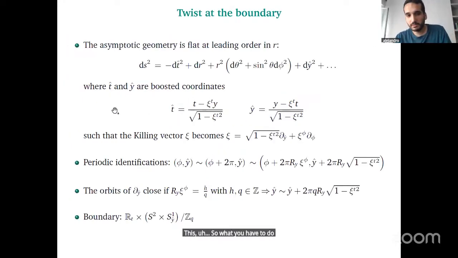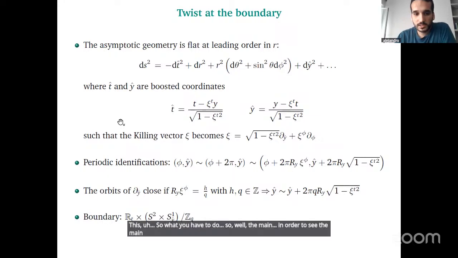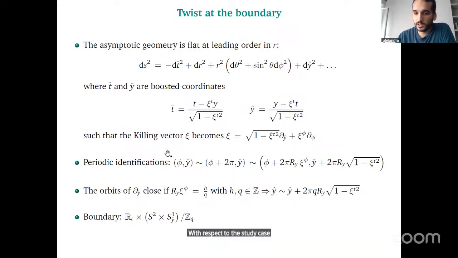In order to see the main difference with respect to the static case, we need to study the asymptotic geometry. Precisely because of what Pierre is now pointing out, it is convenient to work with these hatted coordinates, which are obtained by boosting the solution along y.